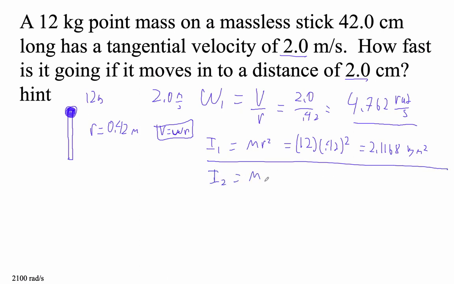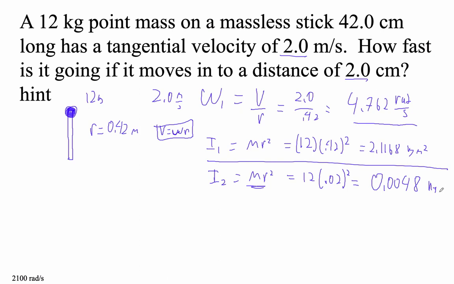I2 is going to be mr squared, so that's 12 times 0.02 squared, because that's the new one. It moves into that distance, and this is just the mass on a stick formula. 12 times 0.02 squared. That's small. 0.0048. There's going to be something dramatic here.